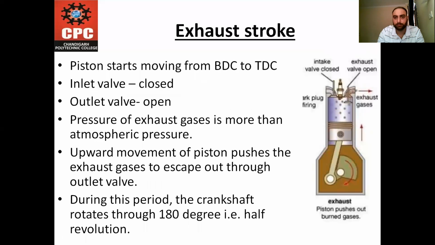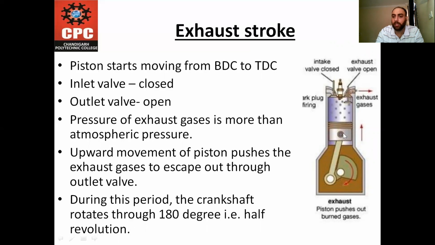The last stroke is the exhaust stroke. In this, the piston starts moving from BDC to TDC. The inlet valve is closed and the outlet valve is opened. The exhaust gases exert pressure on the piston, and they have more pressure as compared to the atmospheric pressure.